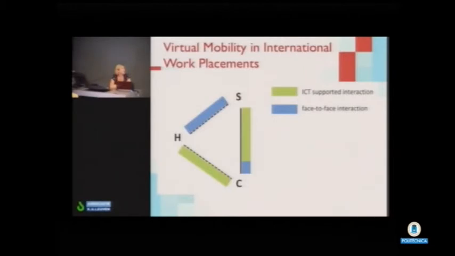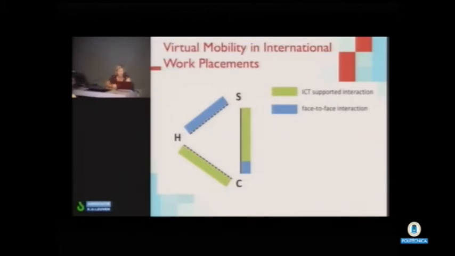So this would be for us an almost fully virtual internship, when there is just a little bit of face-to-face interaction. But this is mainly to show, also because in the beginning of the project we started off with a very strict division between a blended internship and a fully virtual internship, that we noticed very quickly it's not so easy to divide it like that.